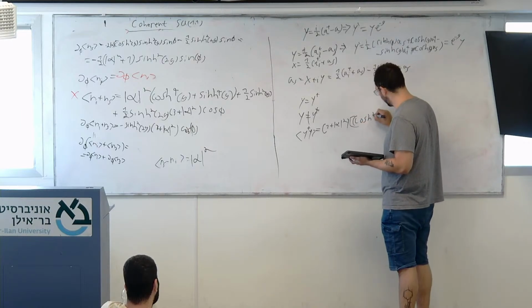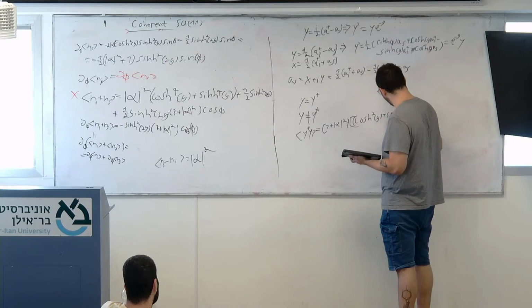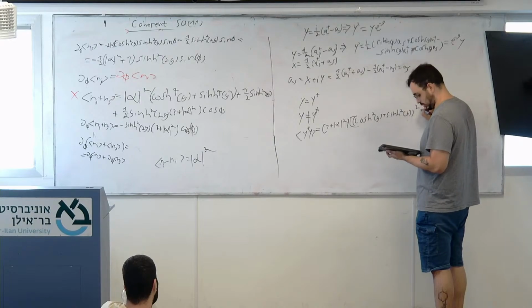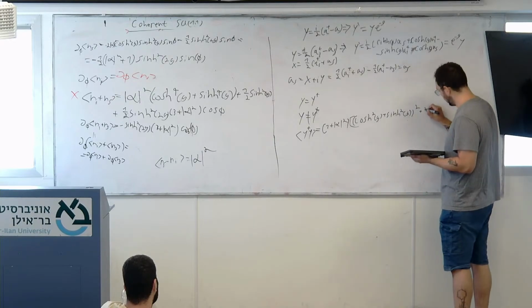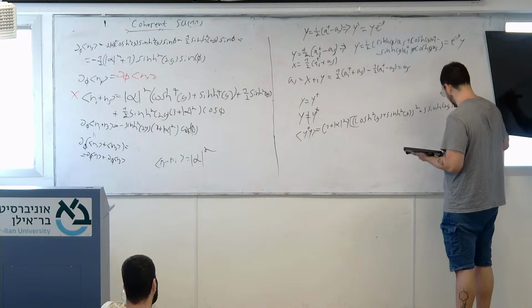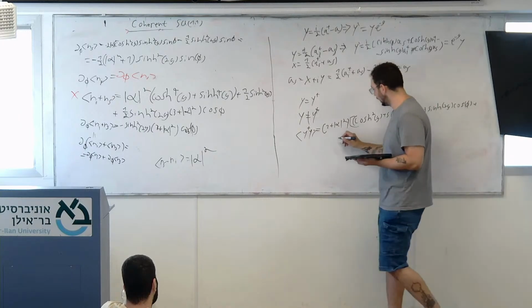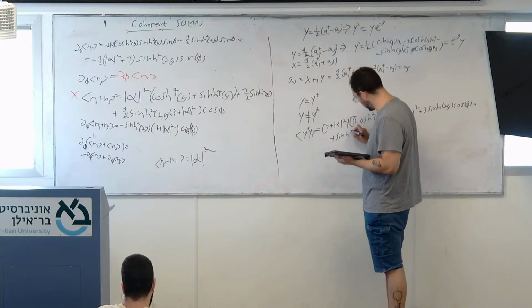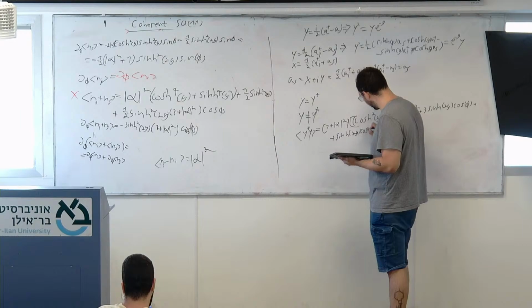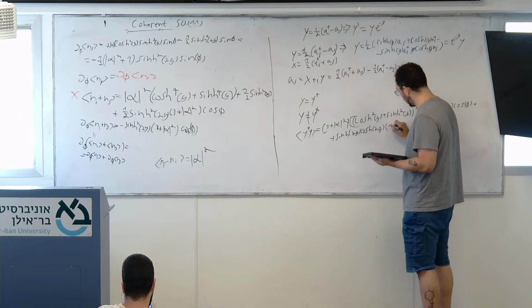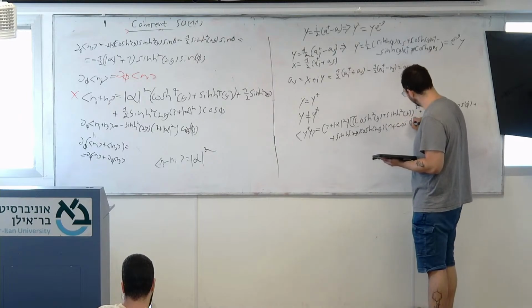The cos squared g plus sinh squared g squared plus 3 sinh 2g cos phi plus sinh 2g cos 2g times 1 plus cos.